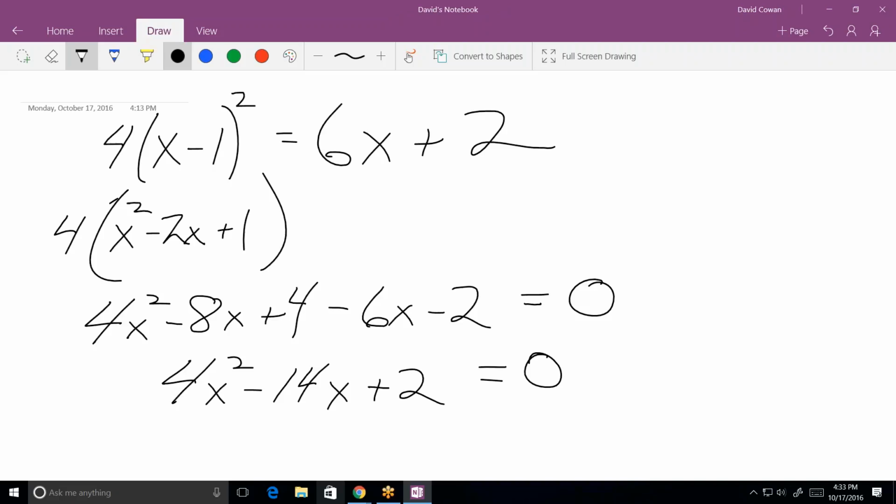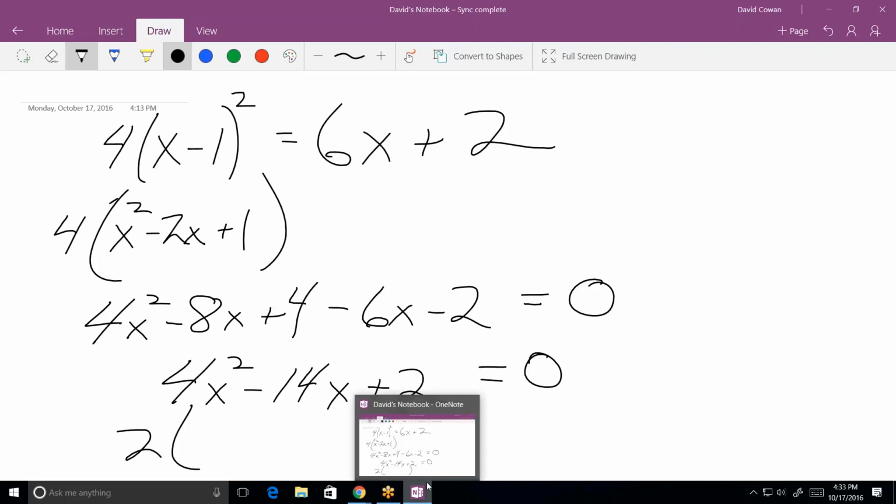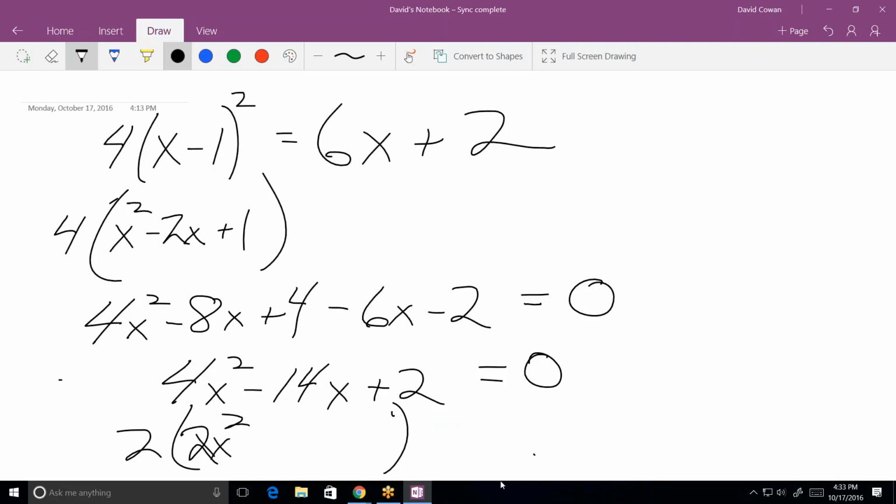What is it? What's left? No, it would be 2x squared minus 7x plus 1. When you factor out a greatest common factor, what you want to do as your very next step is to always be multiplying it back to make sure you haven't changed anything.